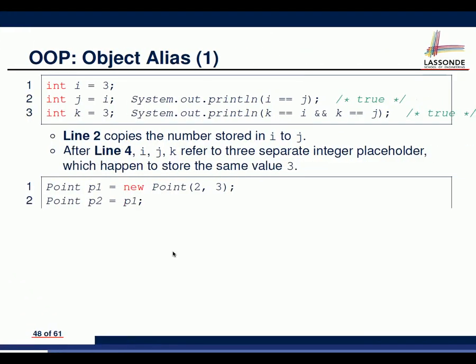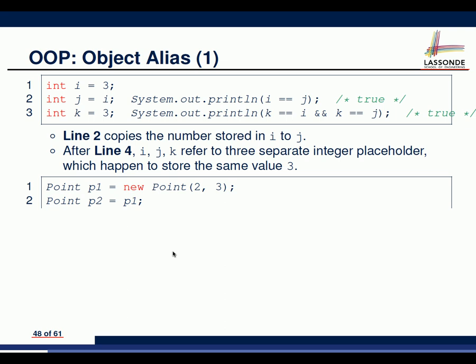Number 2, when I say Point p2 is assigned p1, what does that mean? Well, if you just try to interpret that literally, we're trying to copy values, right? But now the value we're trying to copy, unlike in the previous case where we simply copy 3 into some primitive variable, is the address.